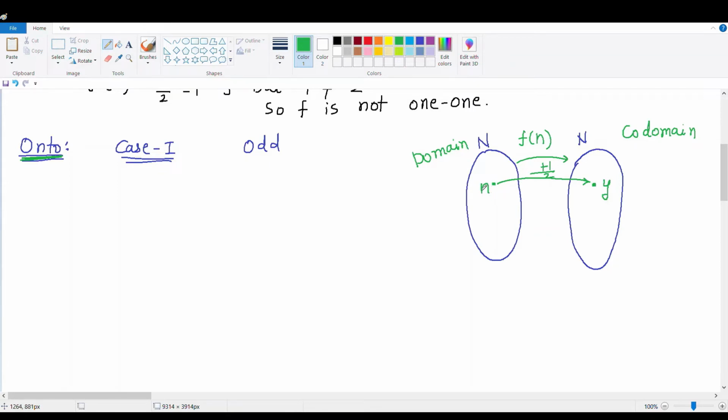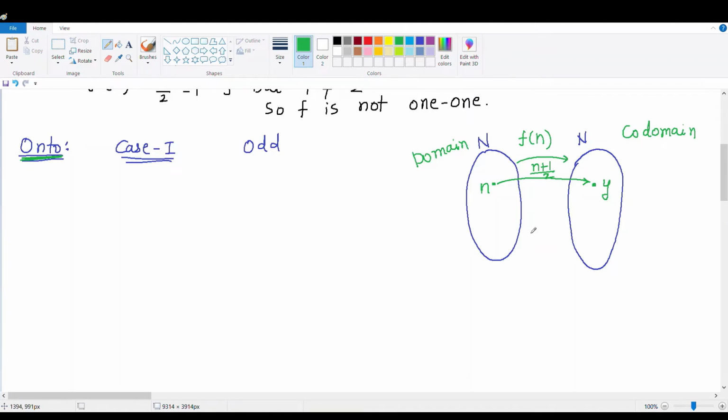So let's say it has a pre-image n, and if that n is odd, because we are taking this case when the value in the domain is odd, then we are going to follow which function definition? (n plus 1) over 2. So when you do (n plus 1) over 2, you get y, because that's the function definition you are given.